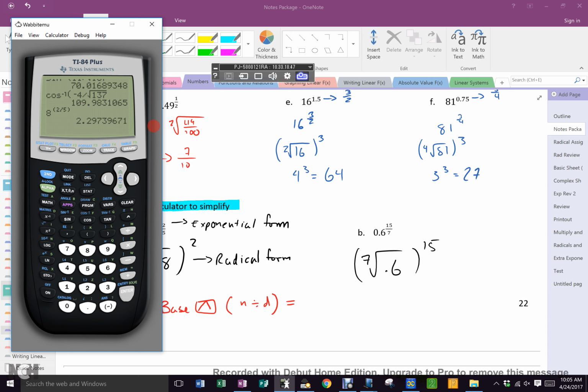What about this one? 0.6, exponent button, bracket, 15 divided by 7, close brackets, equals blah, blah, blah. Everybody good?